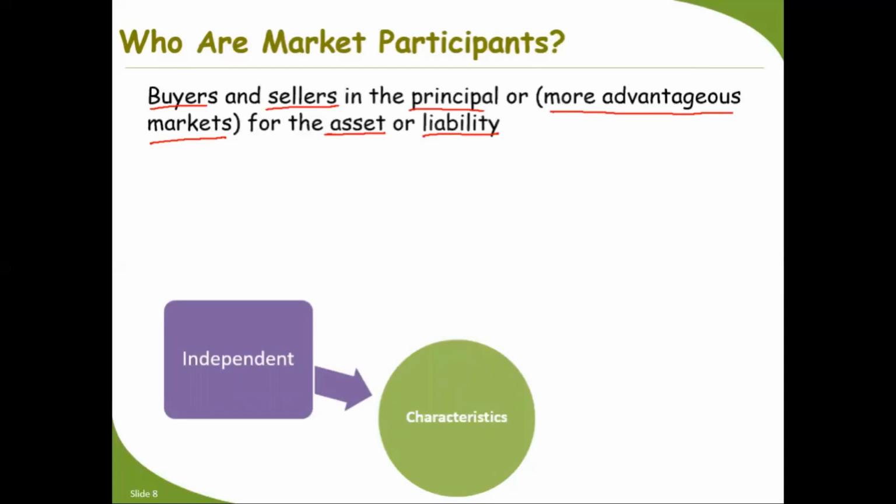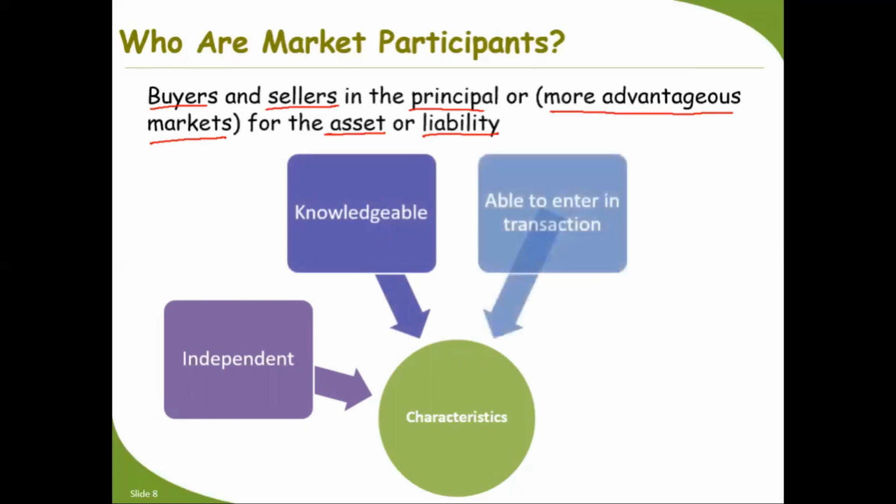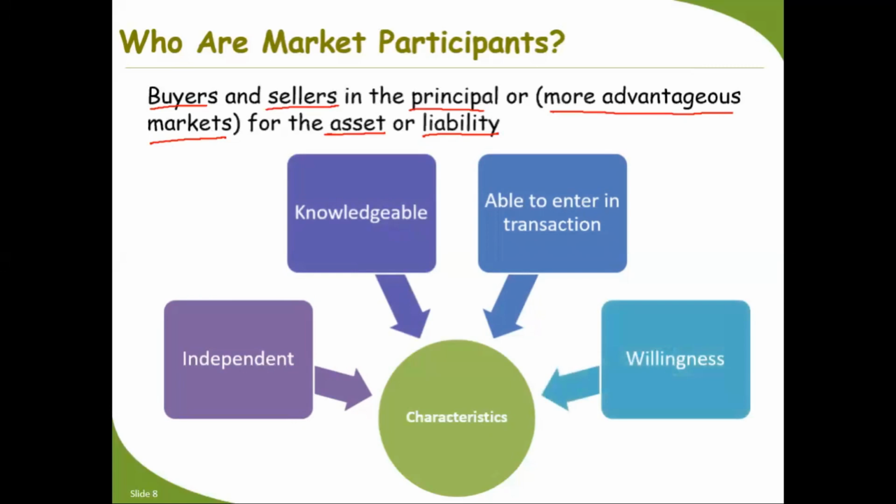Okay, they must have complete knowledge about the market activities. They have the legal capacity to enter into a transaction. They can buy or sell the product, and they have a willingness to enter the transaction.